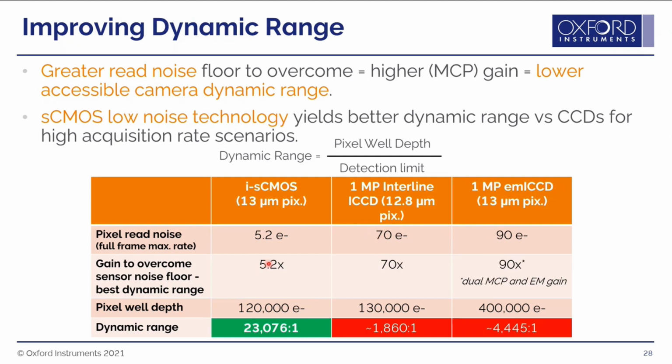So you only have to apply 5.2 times gain to an iStar sCMOS to overcome the noise floor, whereas with these you'd have to apply up to 70 and 90 times gain. Though you have more well depth with these cameras, you end up with much less dynamic range compared to the iStar sCMOS. So it's very important to note that having a low read noise to begin with makes life much easier when it comes to having good dynamic range down the line.